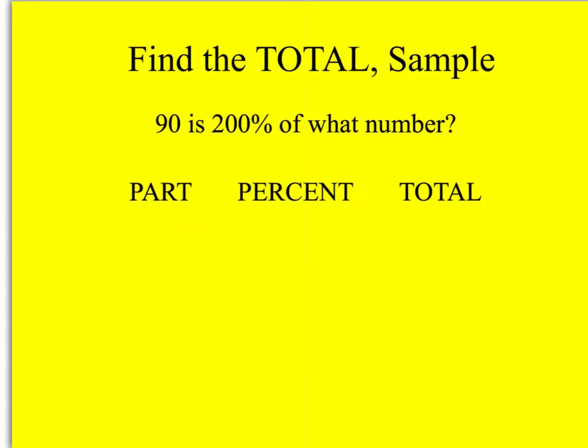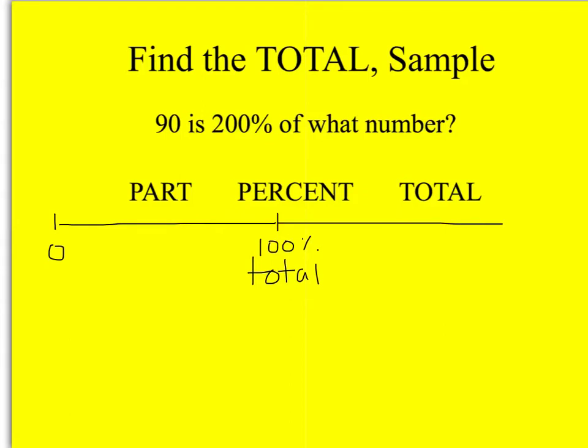Alright, 90 is 200% of what number? Just to draw a number line to start out, this will help with my estimate. So there's 100%. And 100 is always your total. Always, always, always. And I'm going to continue on to 200%.